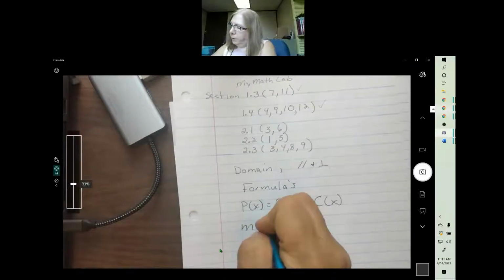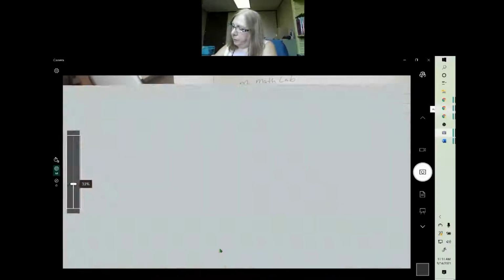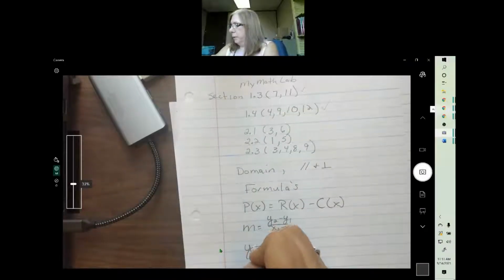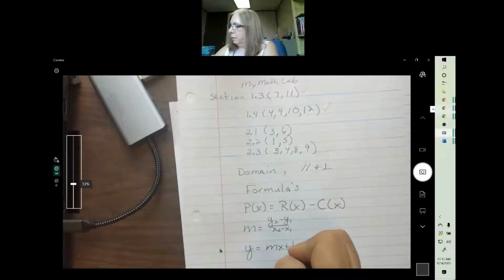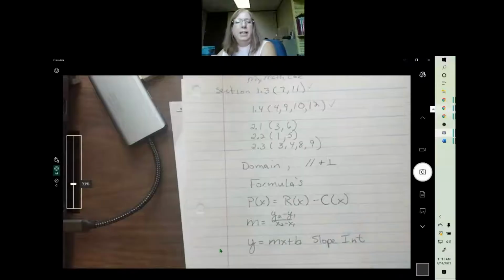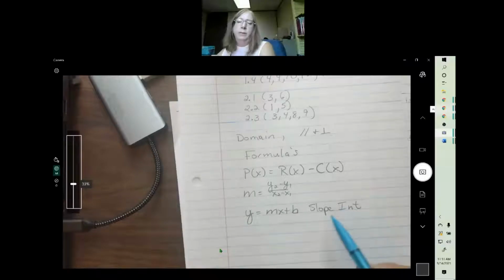Slope: y2 minus y1 over x2 minus x1. The two equations of the line, y equals mx plus b, which is slope-intercept. Anytime you need to find an equation of the line, I always have it written in this form.